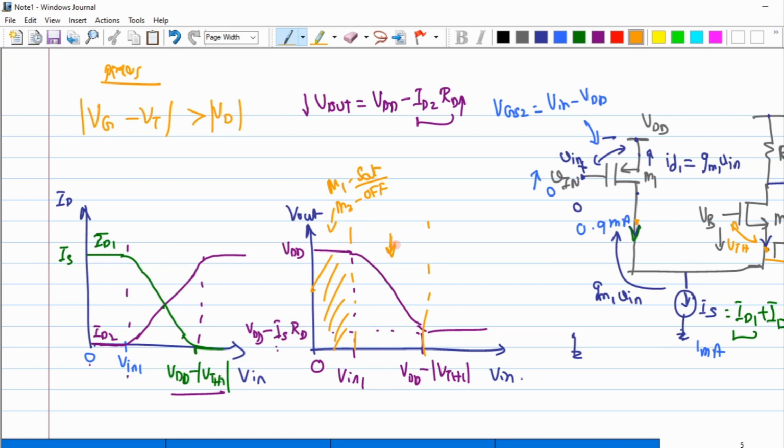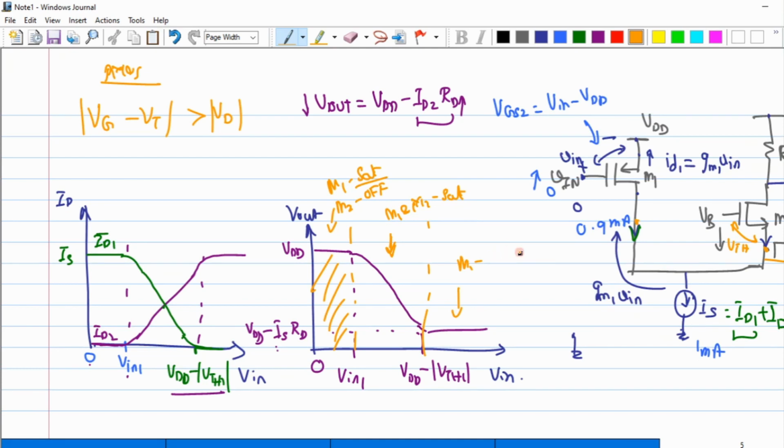So in this particular segment, what are my transistors M1 and M2 operated in? Saturation regime. Okay, so M1 and M2 are in saturation regime. Okay, so M1 has something else, right?